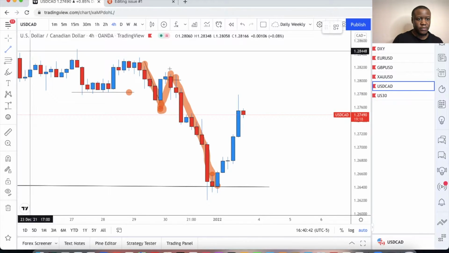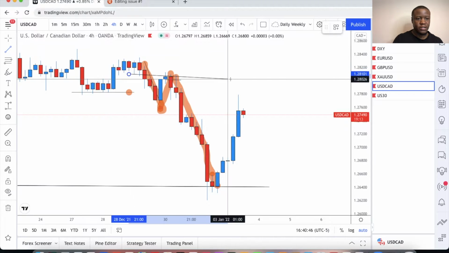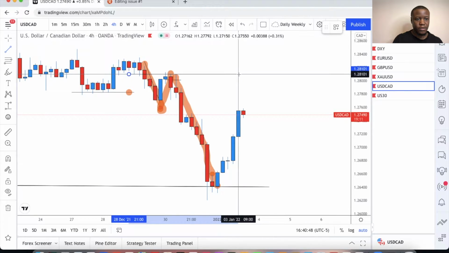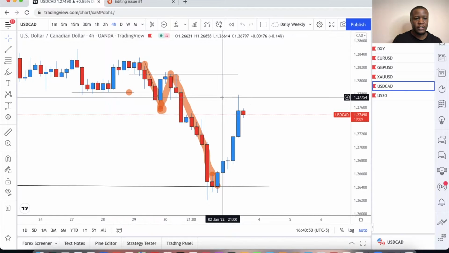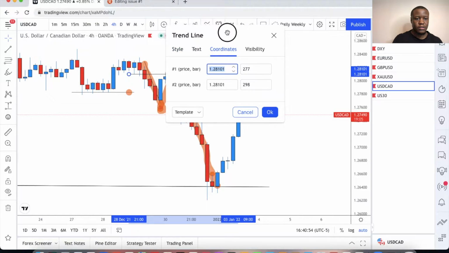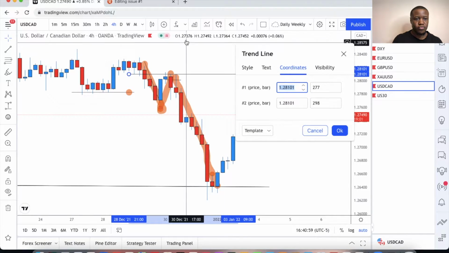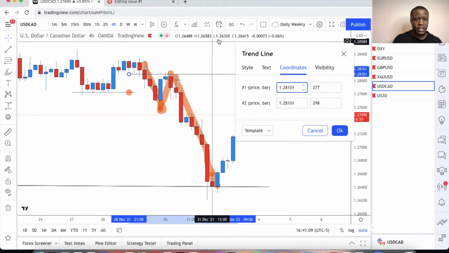We're going to write down key levels, stops, and everything that you want to have set for your trade. So this is the low right here. You want the low because we're going to enter on that key level.